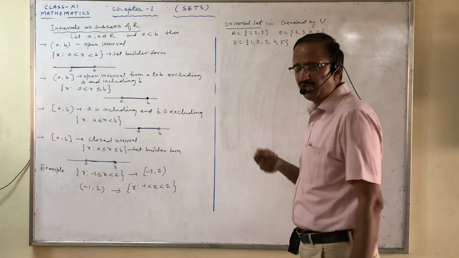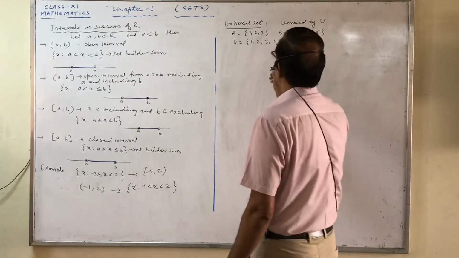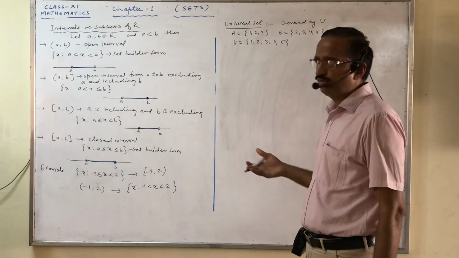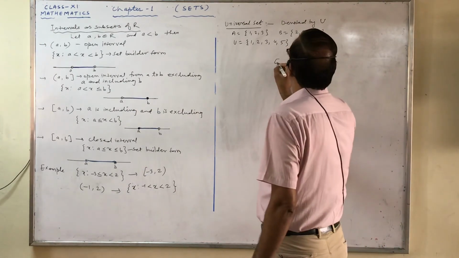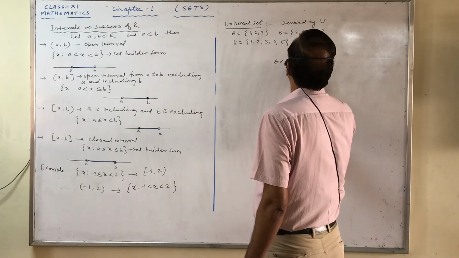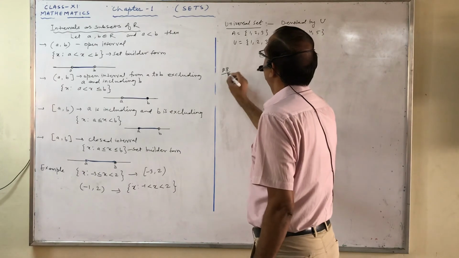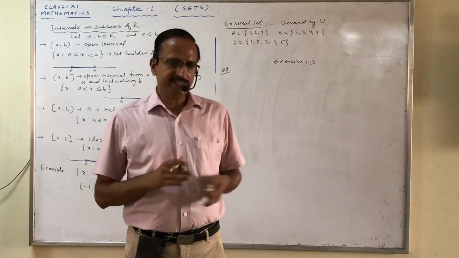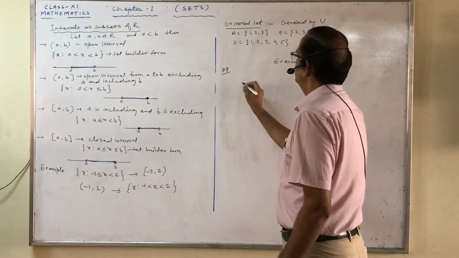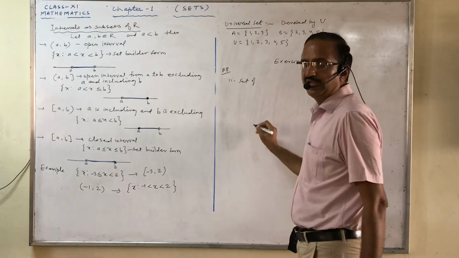Okay. Now I am taking one question from exercise 1.3, that is question number 8. All other questions are very easy. You can do with the help of this discussion. Exercise 1.3, question number 8. In this question, two sets are given. First is set of right triangles.